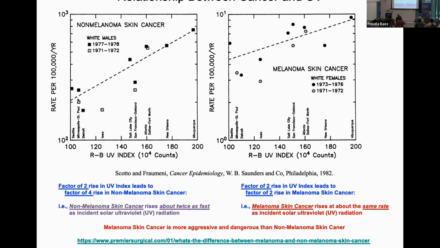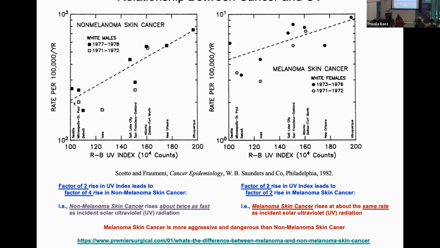This chart here shows the rate of skin cancer incidence as a function of something called the Robertson-Berger UV index. It's exposure of a population, in this case white males, and the folks who live in Albuquerque, New Mexico, are closer to the equator where the sun's higher in the sky and where ozone is a little bit less, compared to people who live in Seattle, Washington, which is rainy.